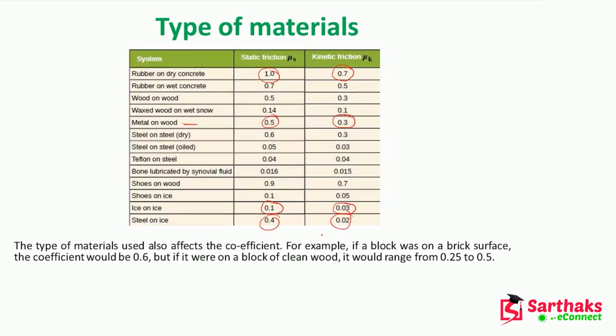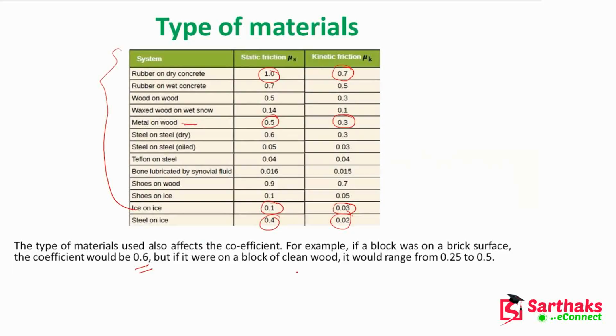From this table we can see what type your object is. That is one important point. Another point is the type of surface on which you are moving your object. That is also very important. If a block is on a brick surface, the coefficient will be 0.6.